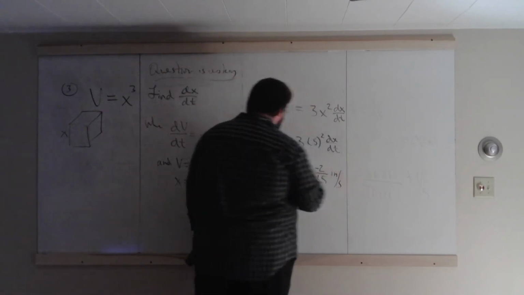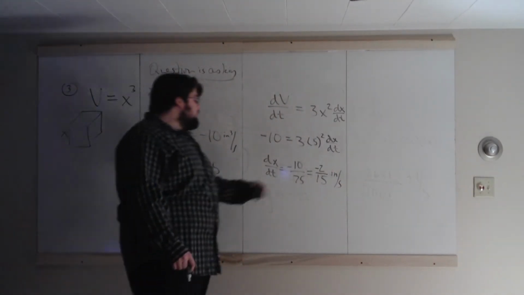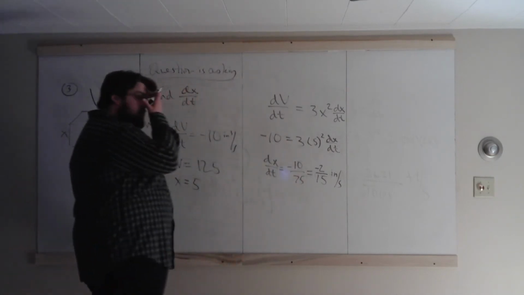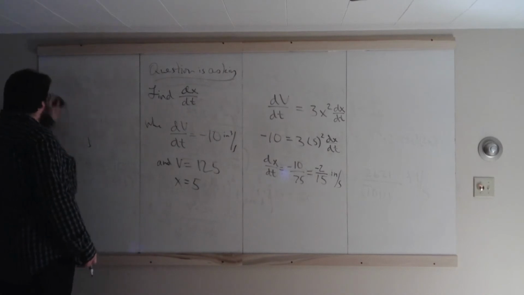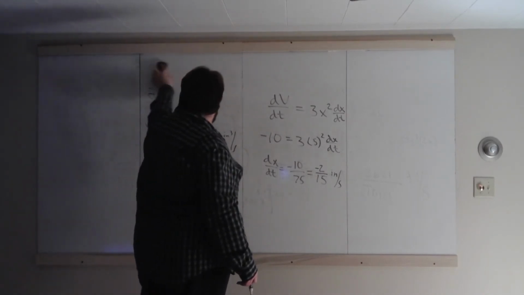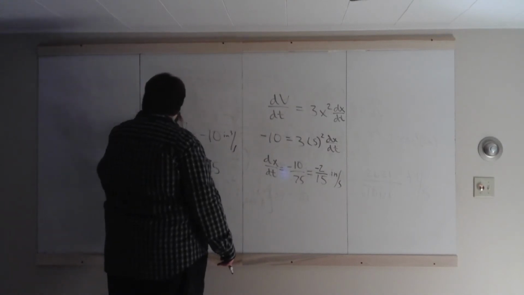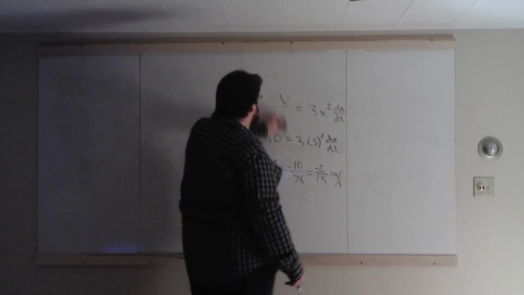Inches. Side length is measured in inches per second. 75 divided by 5 is 15. And notice the answer is negative, and that makes sense, because if the volume is decreasing, then we would expect the side length to also decrease. It is a cube, so all side lengths are decreasing at the same rate.